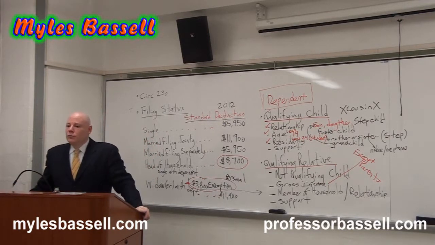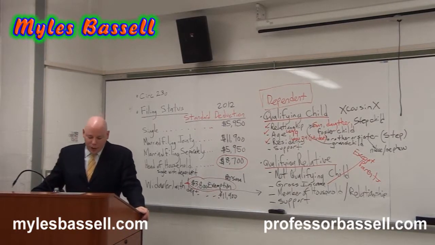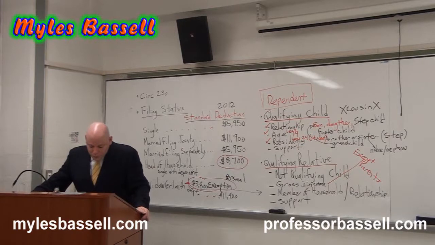So, do we need to provide more than half the child's support? Yes. No. He just said it doesn't. That's not what the IRS code says in Publication 17 in chapter 3.